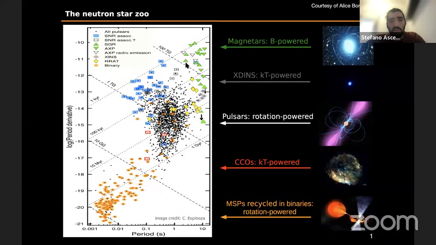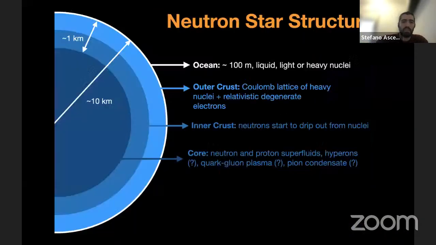In particular, in the top right corner of the diagram, we have the magnetars, which are young neutron stars with very strong magnetic fields. Then we have some thermal X-ray isolated neutron stars, the radio pulsars, and the millisecond pulsars here in the opposite part of the diagram. And basically our code targets mainly these neutron stars here, which have a very intense magnetic field.